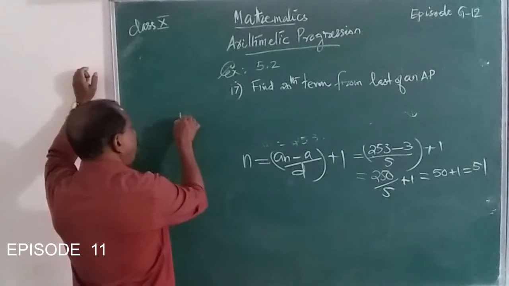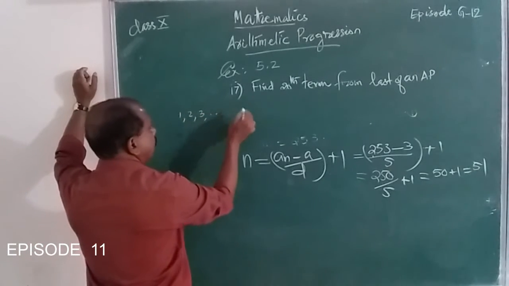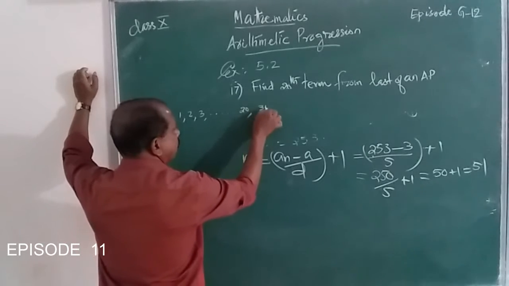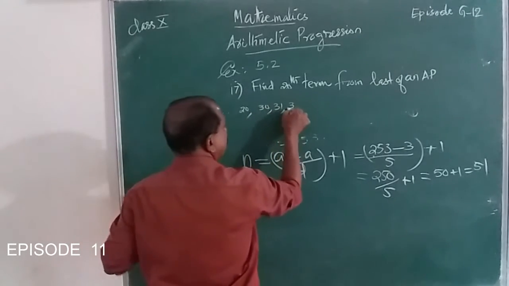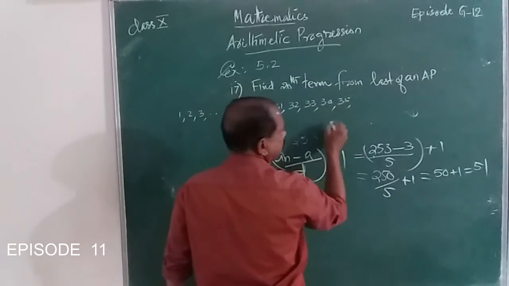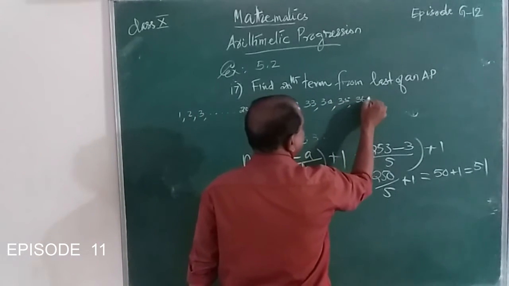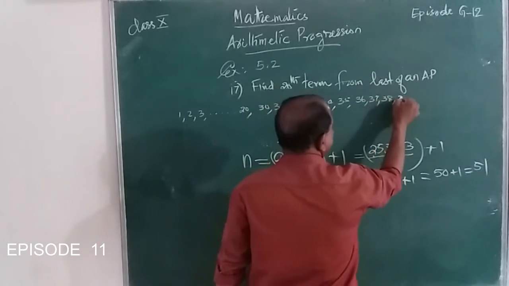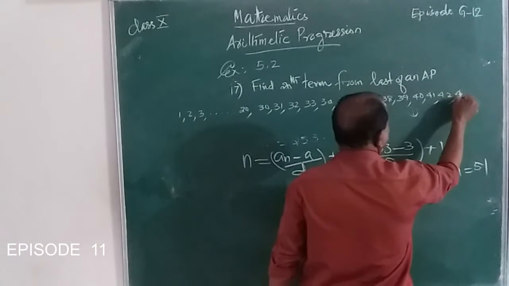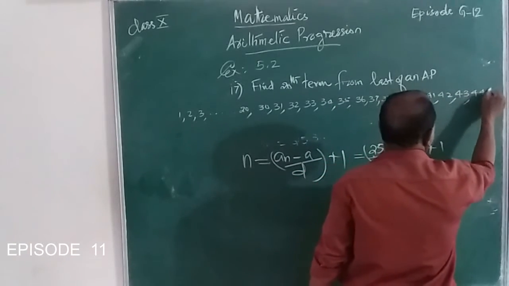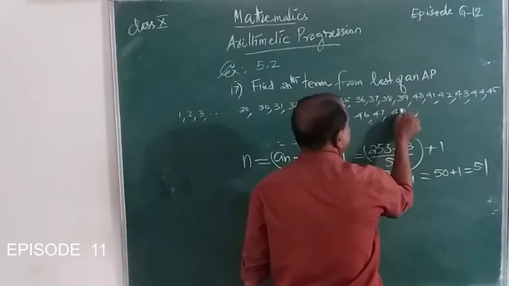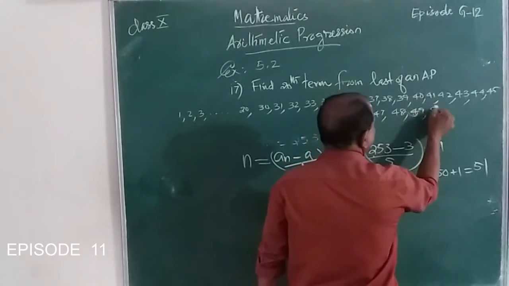Listing the terms: 1, 2, 3, and so on up to 20, then 30, 31, 32, and so on up to 51.